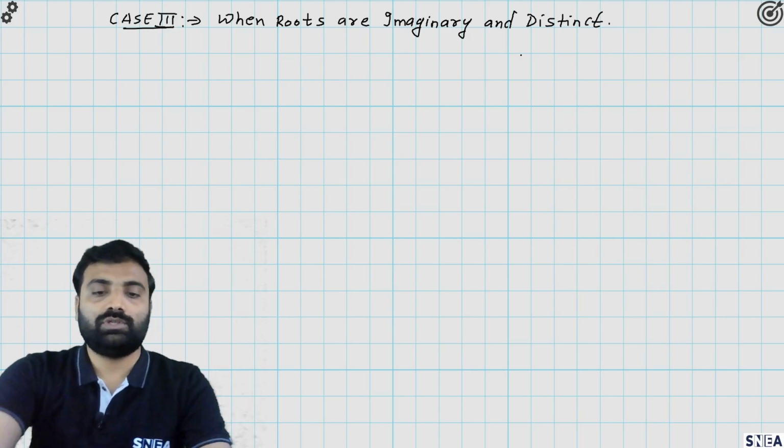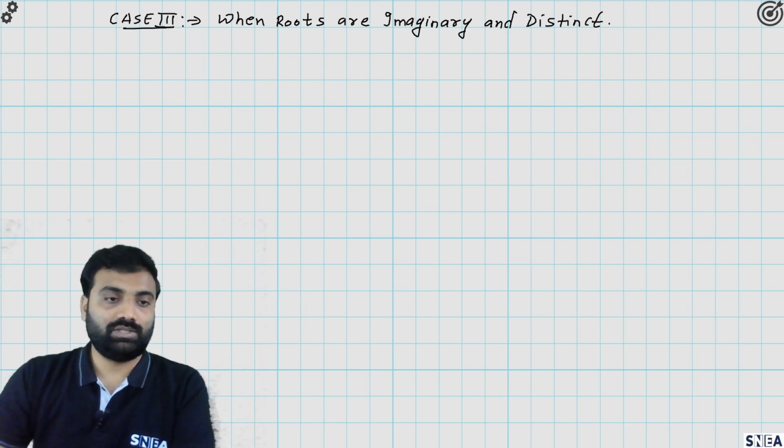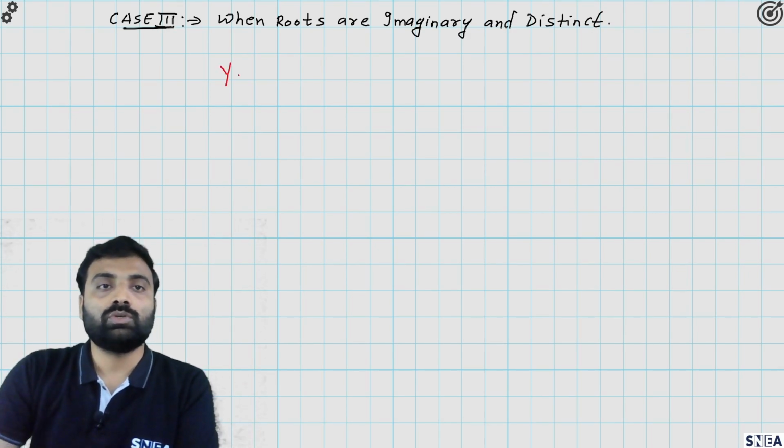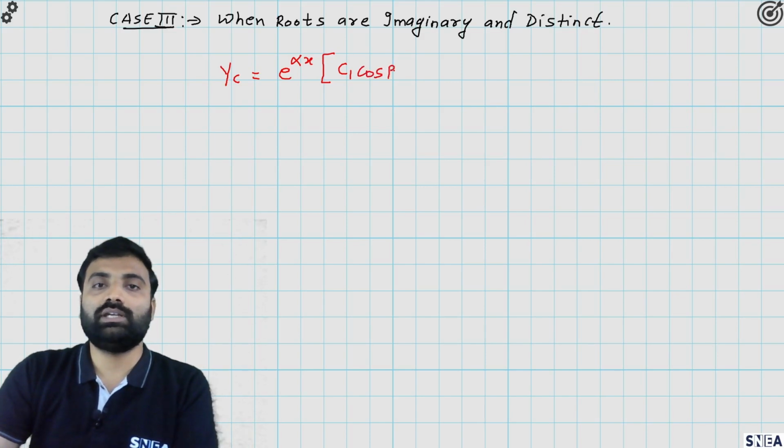So for that, first of all we'll write down obviously its formula. उसका formula क्या है, सबसे पहले तो वो लिख लेते हैं. So yc equals to e raised to alpha x, okay, c1 cos beta x plus c2 sin beta x.